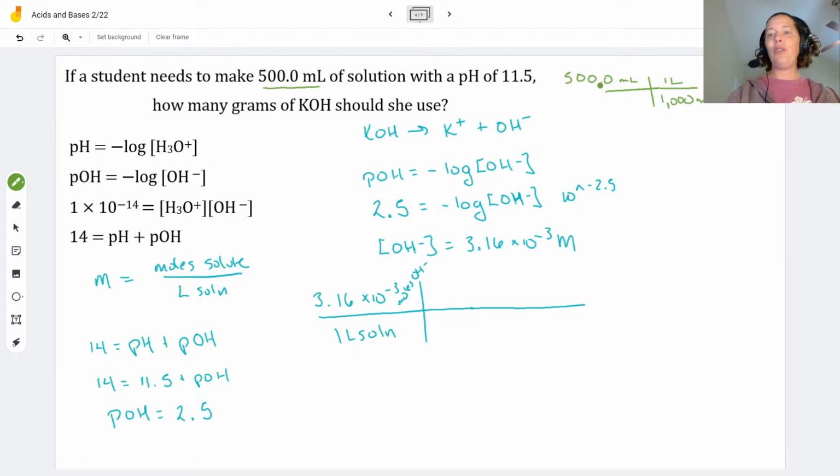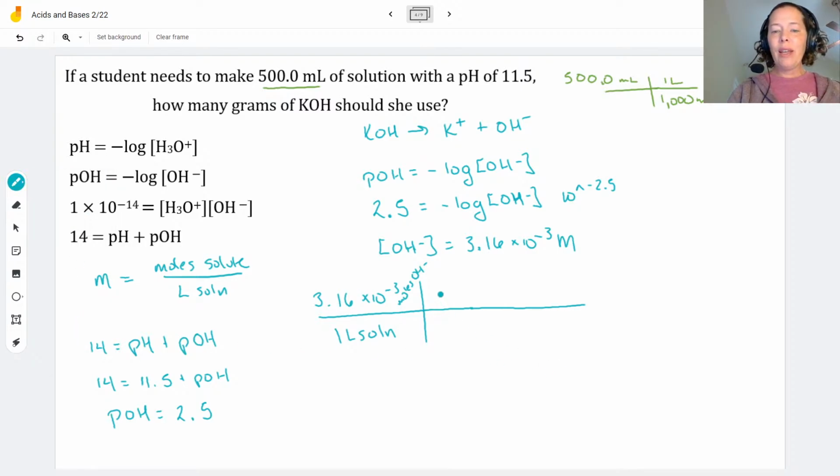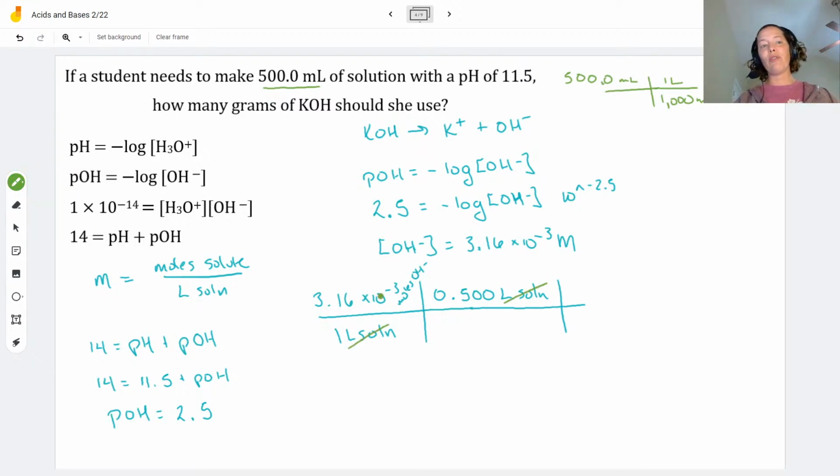A lot of times when you get used to this, you just start moving the decimal instead of writing this out, but just in case anybody out there needs it written out. So if I multiply by my 0.5 liters of solution, notice what happens here with my units. This cancels, and now I'm left with moles of hydroxide.